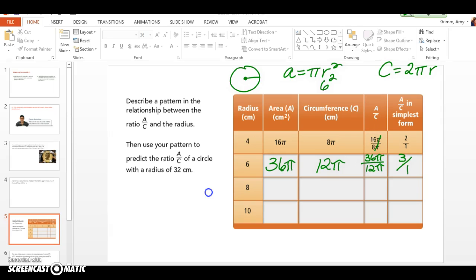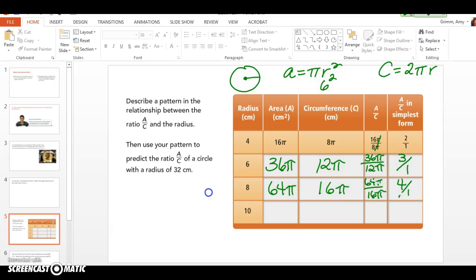All right. What are we going to get for 8 for area? 64 pi. For circumference, 16 pi. And for our ratio, then we get 64 pi over 16 pi. 4 over 1, right? So 4 over 1.